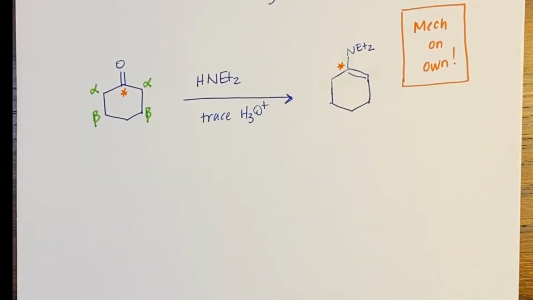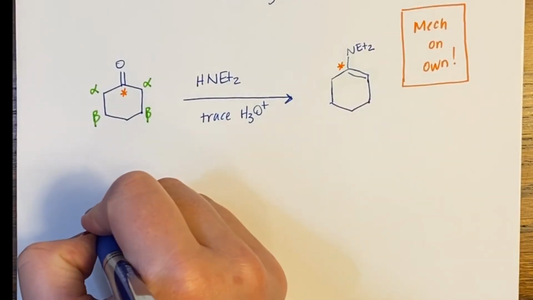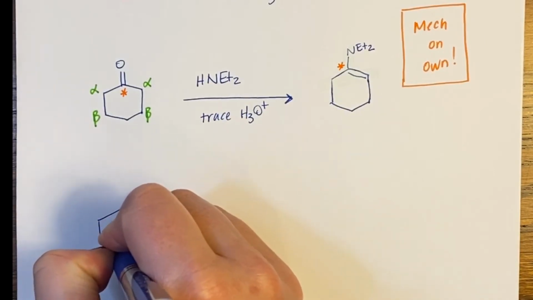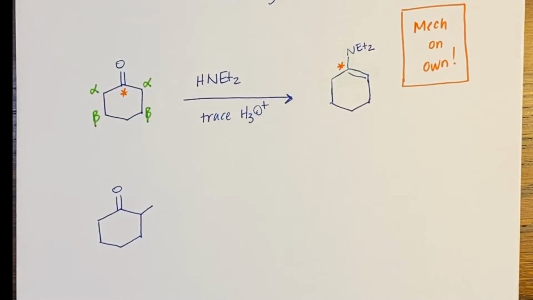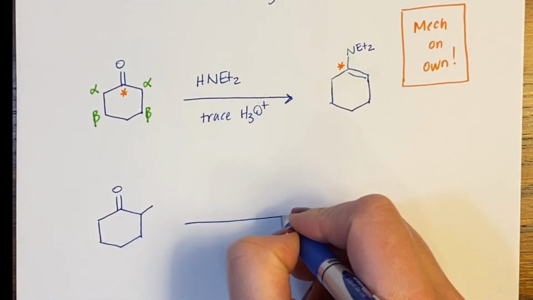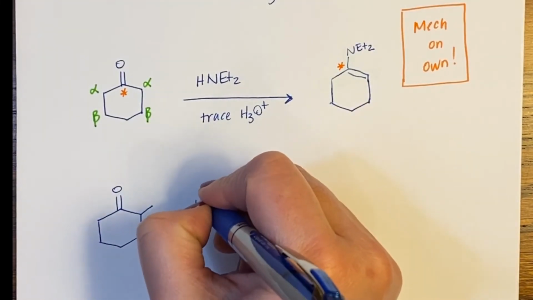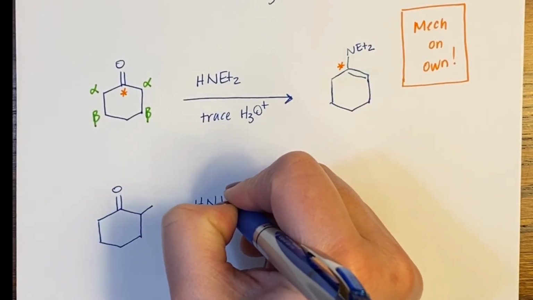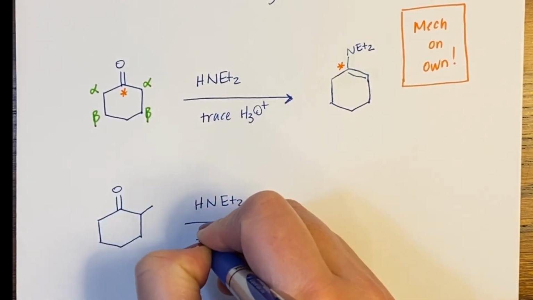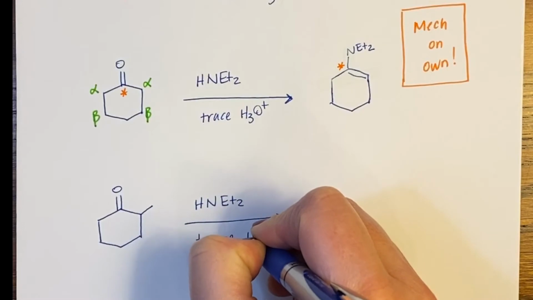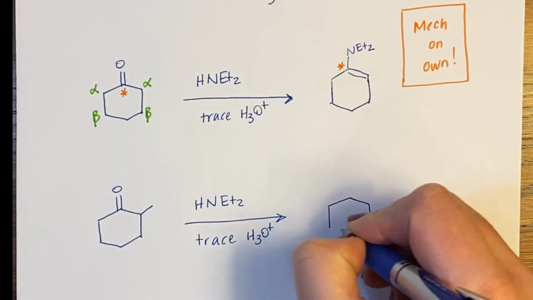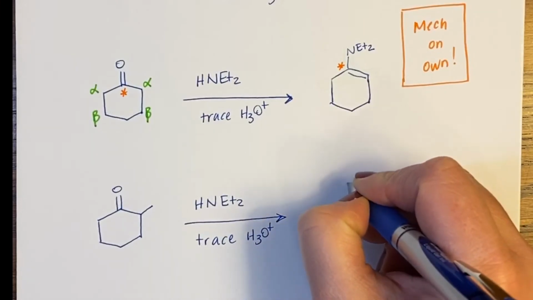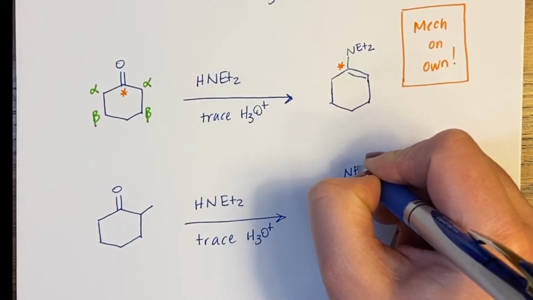But if I had a ketone that was not symmetrical, if I had a ketone like this one, and I treated this ketone with a secondary amine, like this one, in the presence of trace acid, what would be the product that I get out of the reaction? Where would that double bond form?